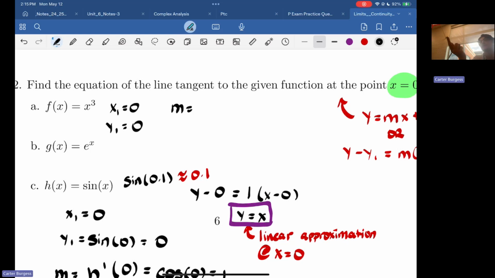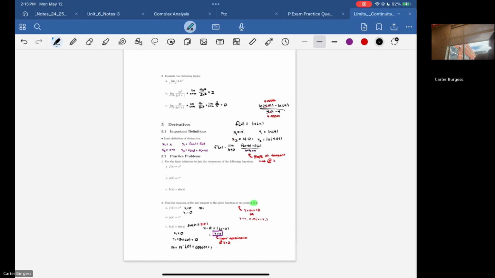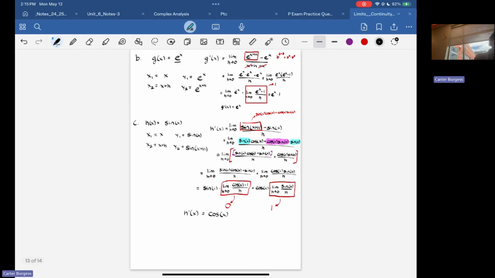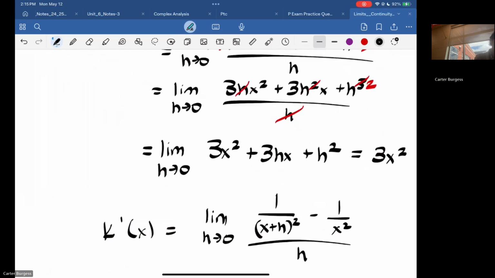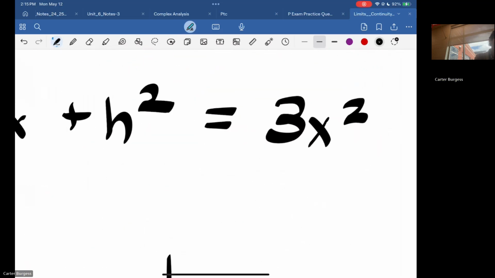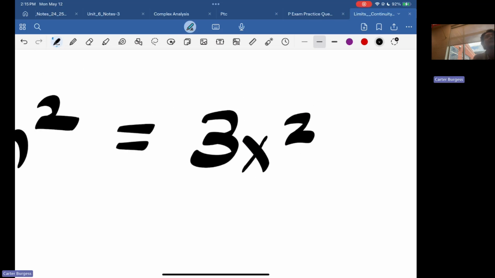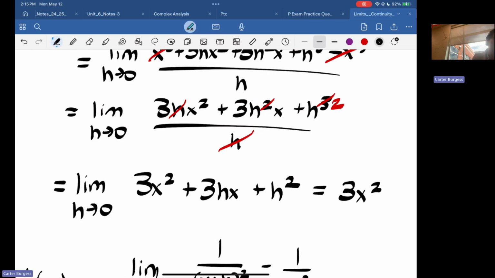Well, now we have a formula. What was our formula for slope, that we found for this specific function? Yeah, 3x squared, right? That was our derivative.